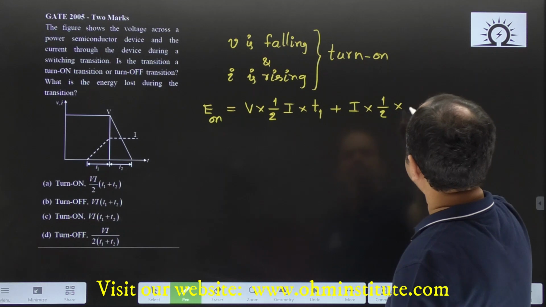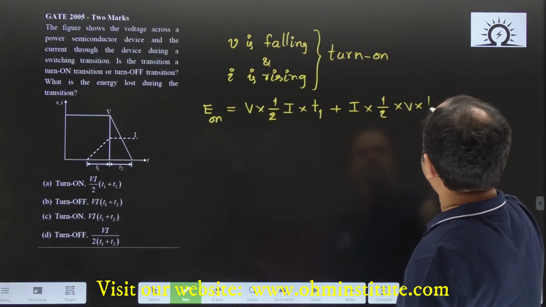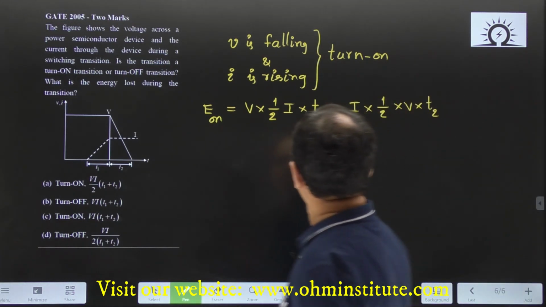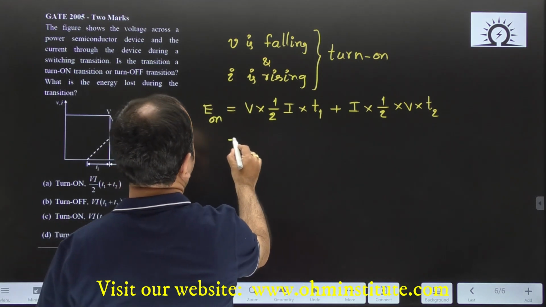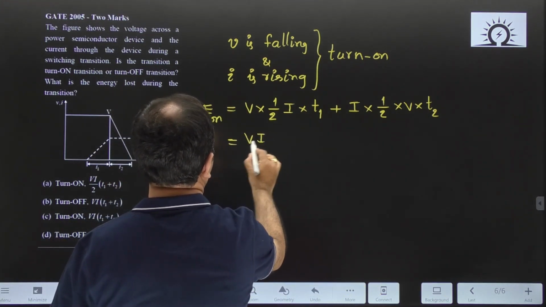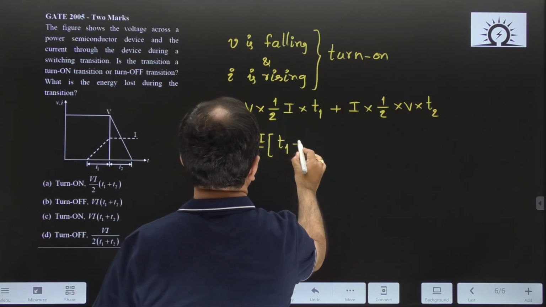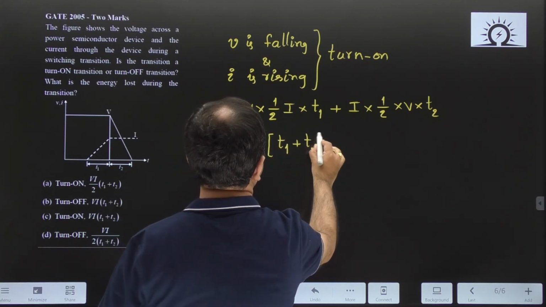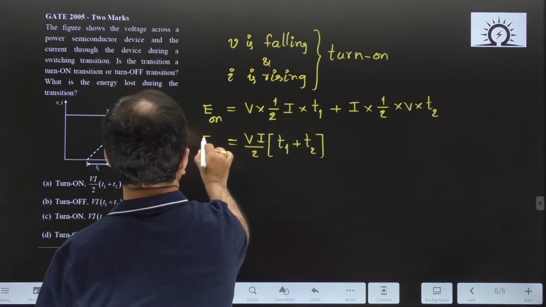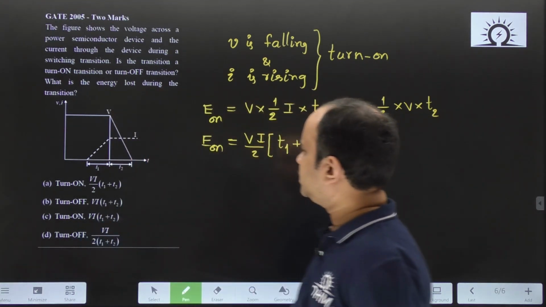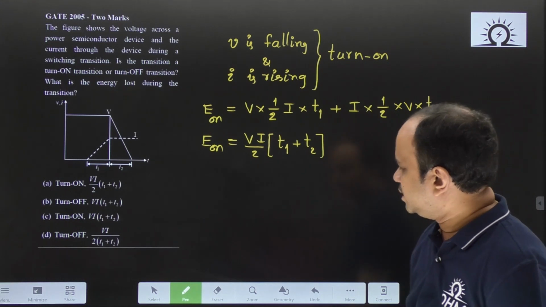So, half into V into T2. So, if you take VI upon 2 common, it will give you T1 plus T2. So, this is the energy loss during turn on transition.